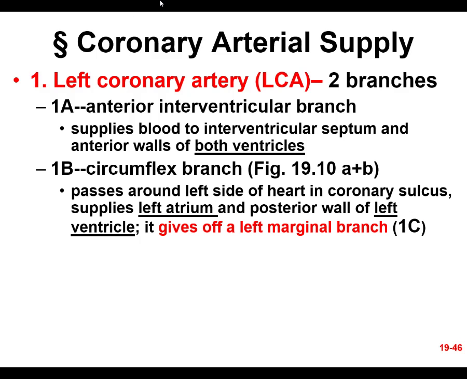I really want you to know that it supplies blood to the left side of the heart and the septum, and some blood flow to the anterior and posterior. What does that mean? Front and back. So the left coronary artery has two branches that supply blood to the front and back, atrium and ventricle, and to the septum.